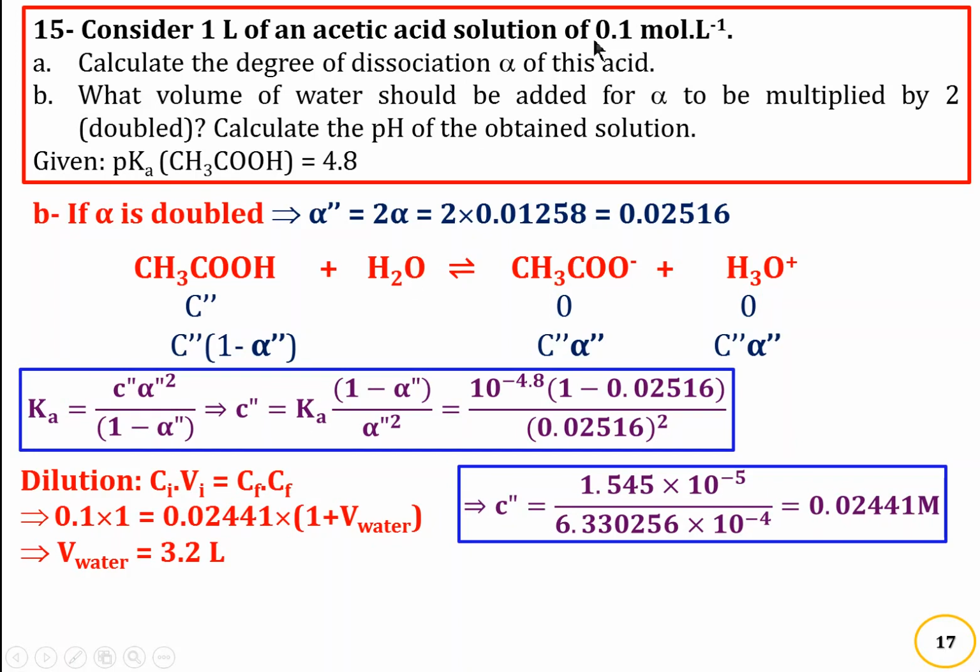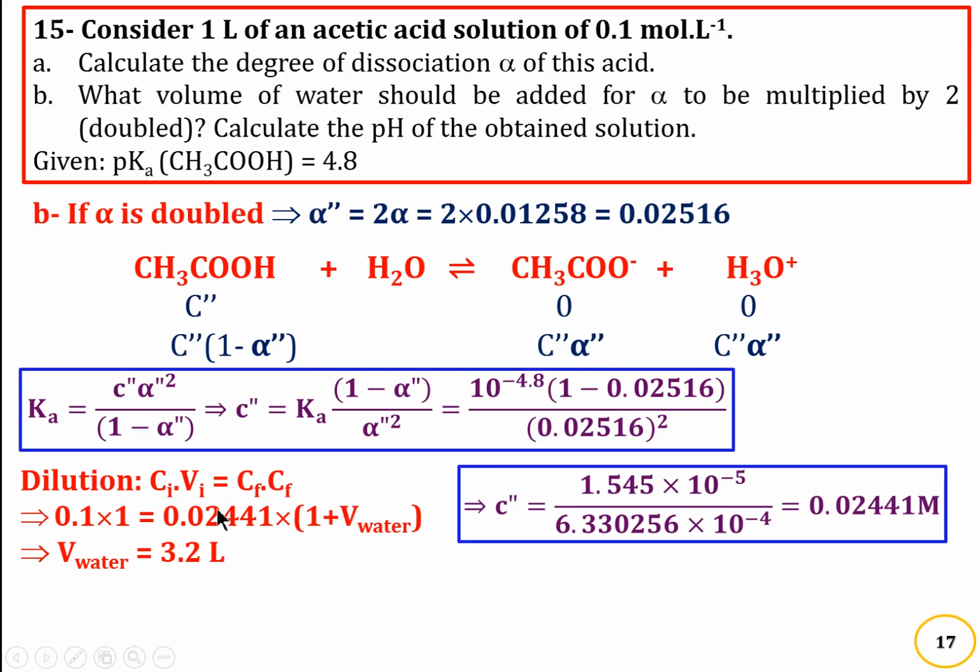C initial equals 0.1, V initial equals 1 liter, C final equals C second equals 0.02441, and V final is equal to V initial, which is 1 liter, plus the volume of the water added.